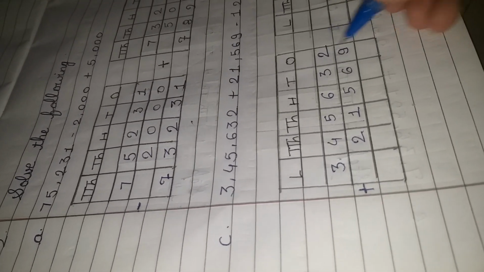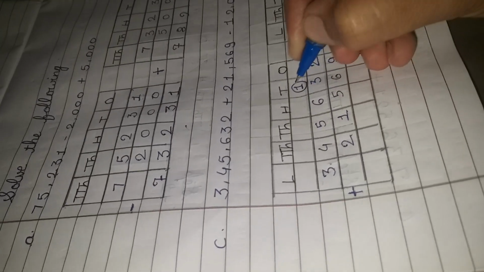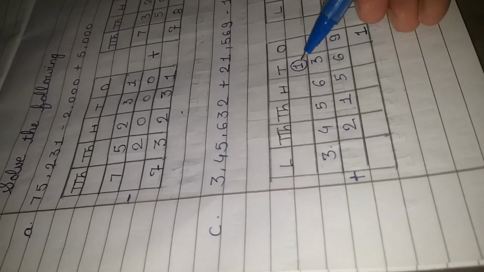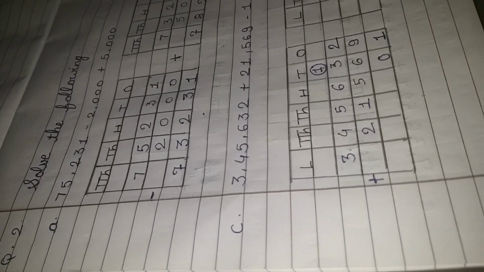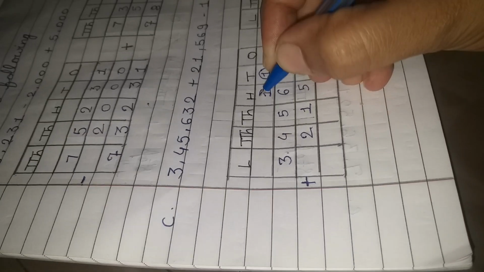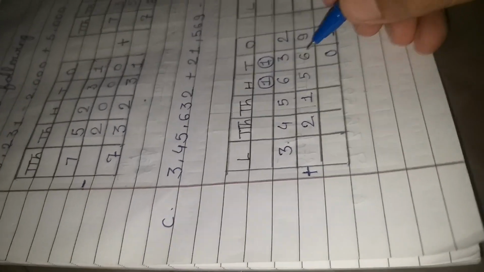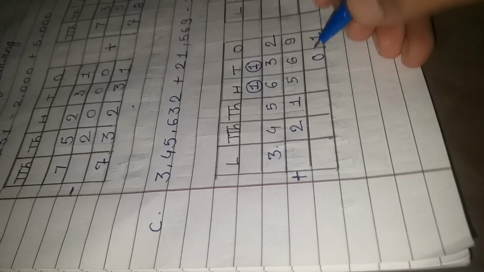2 plus 9, 11. 1 will be carry over. 3 plus 1, 4, 4 plus 6, 10. So from 10, 0 we are going to write, 1 we are going to write as a carry over. 6 plus 1, 7, 7 plus 5, 12.